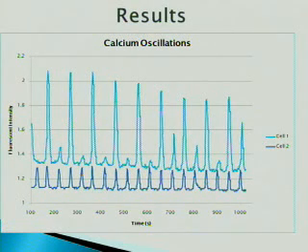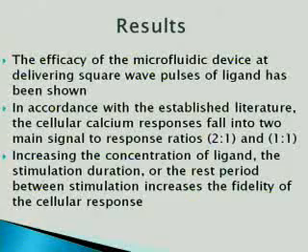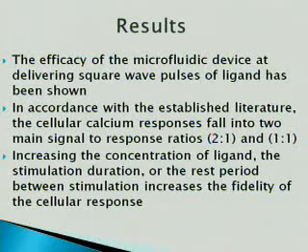And this is some actual data that we have collected. So here we have plotted 2 cells, cell 1 and cell 2. And in the top cell, you can see that the calcium spike occurs every other, and in cell 2, the calcium response occurs for every pulse of ligand. So from these experiments, we have confirmed the efficacy of our microfluidic device at delivering square wave pulses.